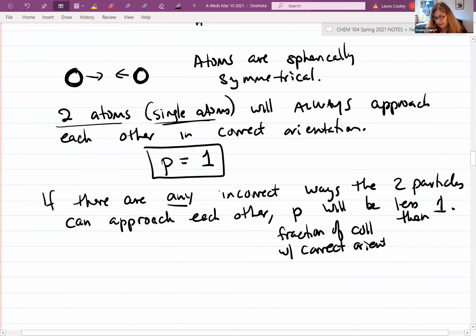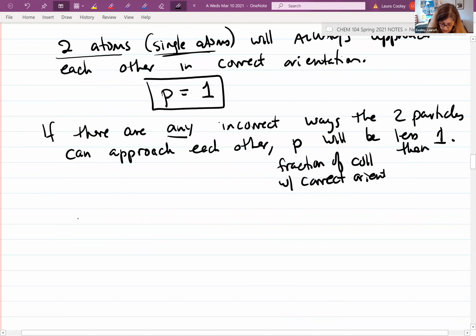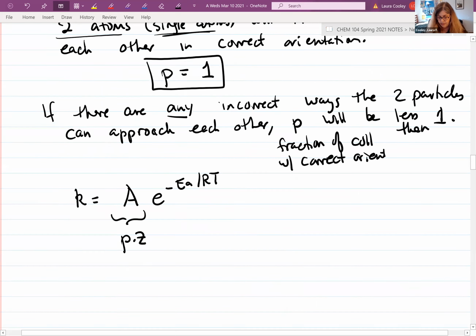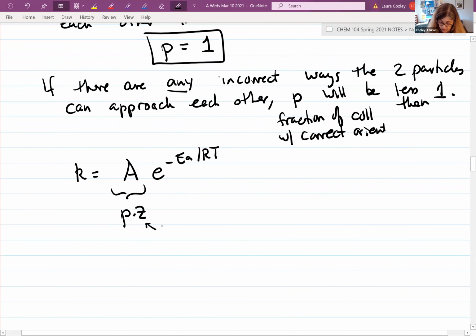Okay, so that is the first part of the Arrhenius equation. K equals A, e to the minus EA over RT. This A is P times Z, where I told you Z was the collision frequency, and P is the orientation factor.